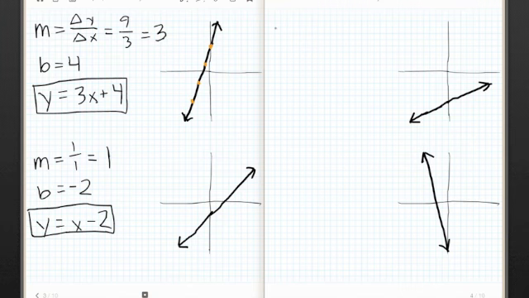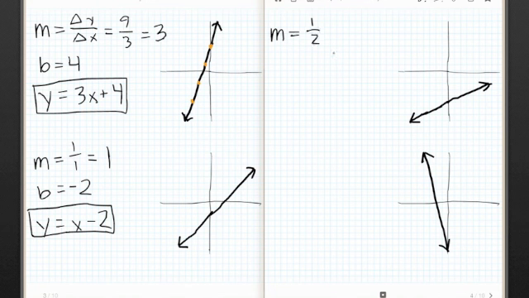Okay. The slope of this line. We see that y goes up by 1, where x goes up by 2. So change in y is 1, change in x is 2.